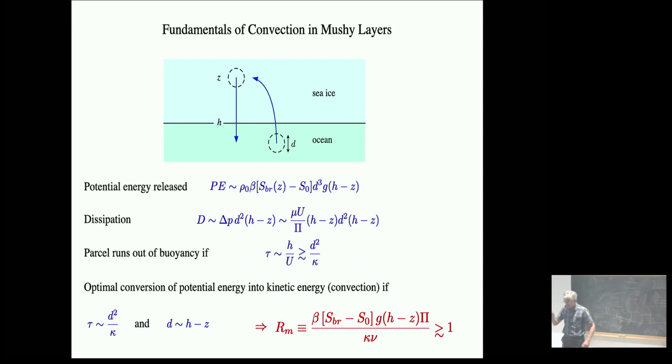Another way to think about that is my dissipation, notice, is proportional to velocity. So maybe I'll get good conversion if I go slowly, then I won't dissipate so much. On the other hand, if I move slowly, then I'm going to lose all my buoyancy by diffusion.